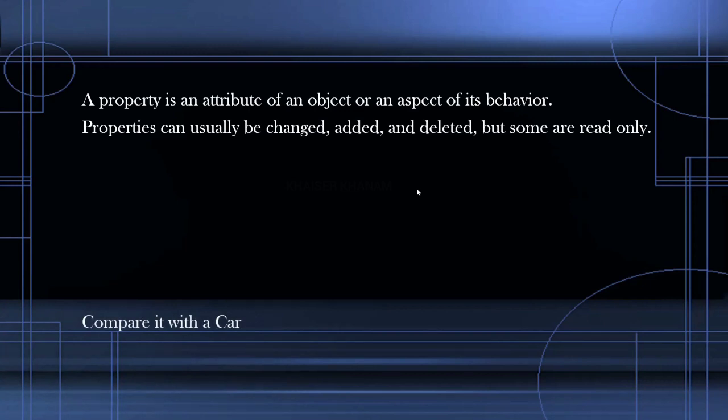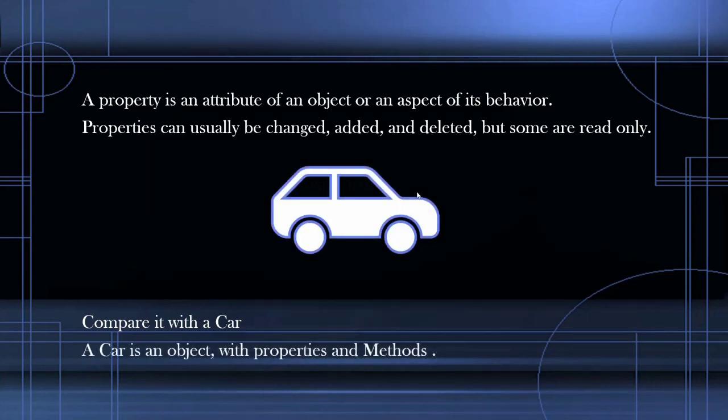Previously we have seen an example using a car, so let's see the same example. This car is an object, and it has properties and methods. Methods we are going to see in the next part, but properties are things like the car's weight, colors, and design.